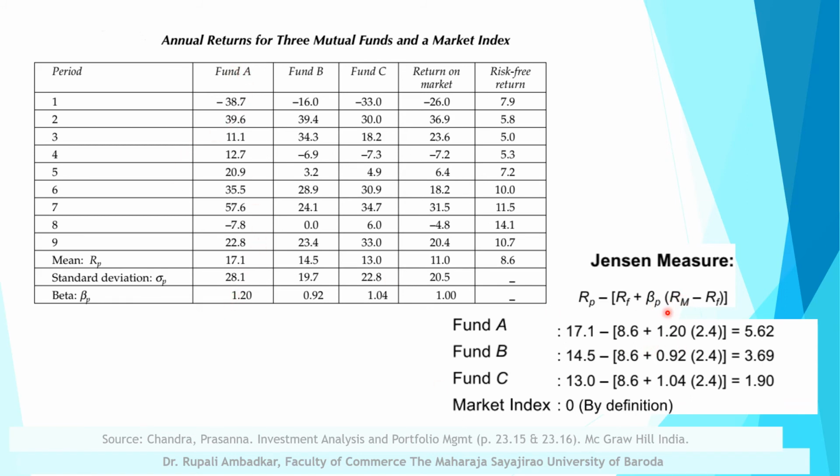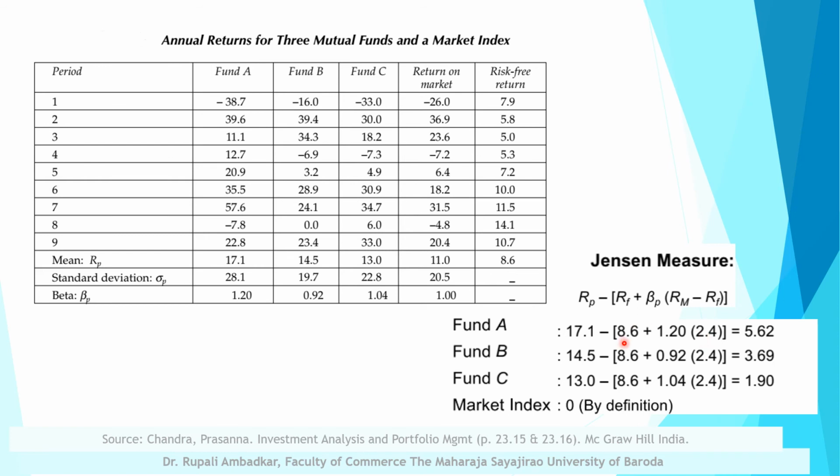Then we take the difference between the market return and the risk-free rate. The average market return is 11% and the average risk-free rate is 8.6%. The difference between these two, which means the extra premium which the market has generated over the risk-free rate, is 2.4. We multiply the portfolio beta by this extra premium generated by the market.